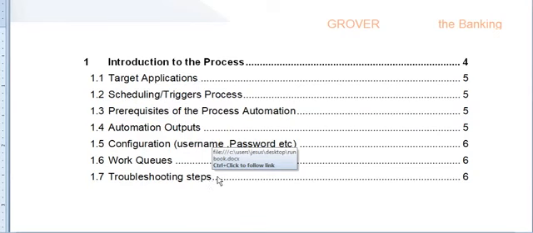If any error occurred in the environment, what are the steps you want to troubleshoot? Suppose blueprism.exe has stopped. What are the troubleshooting steps, what solution can you give? Those steps you have to mention.